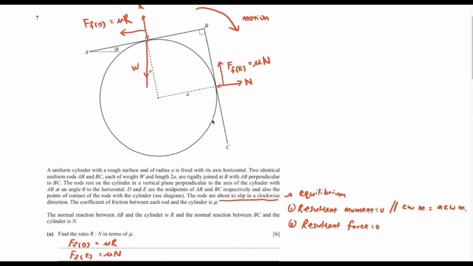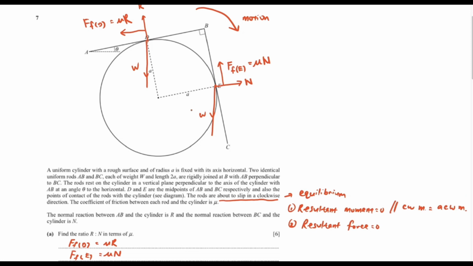And then BC also has the weight W because each has weight W, so here the weight is acting downward, W also. Now this is the force because of the rods, and then we have R, we also have N, and we also have the frictional forces.